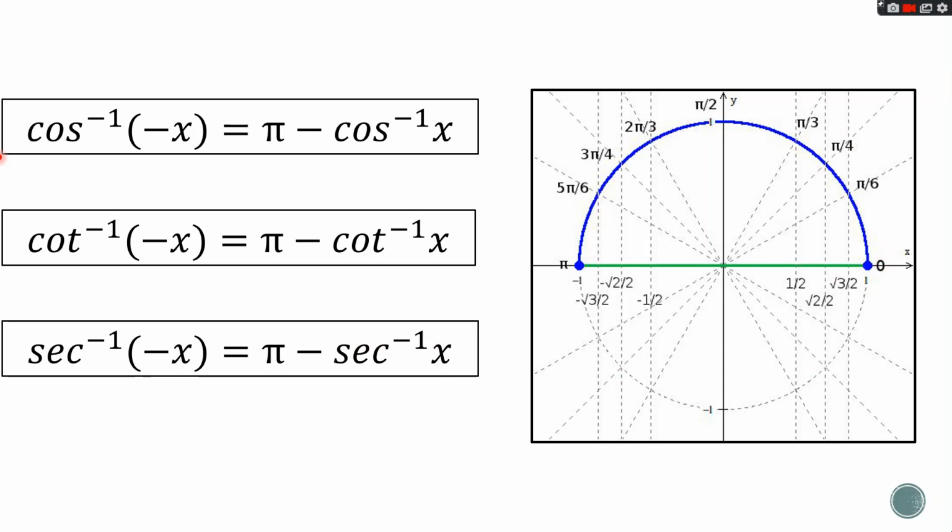For these three inverse functions we consider the interval 0 to pi. So the value lies either in the first quadrant or in the second quadrant. Whenever the given value is positive, you are going to get the answer in the first quadrant, and whenever the value is negative, you are going to get the answer in the second quadrant. Right? So cos inverse of minus x is nothing but pi minus cos inverse of x.